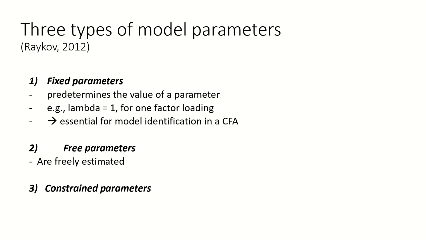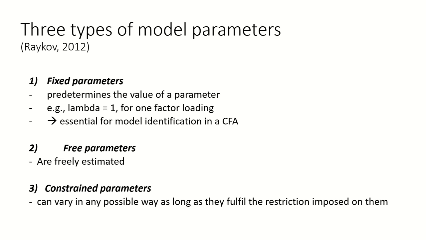And then, of course, we can also constrain parameters. So what that means is, they are similar to free parameters, in that they could take any possible value, but they have some kind of restrictions around them.